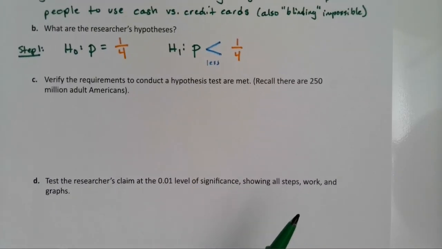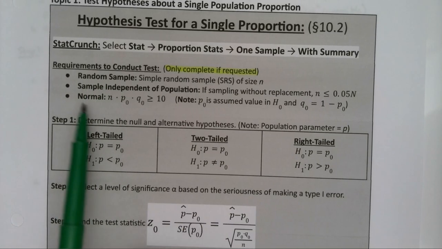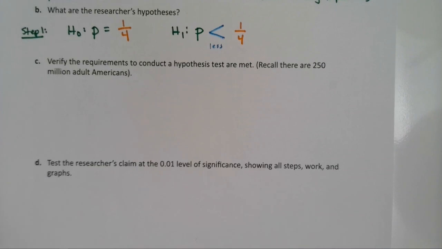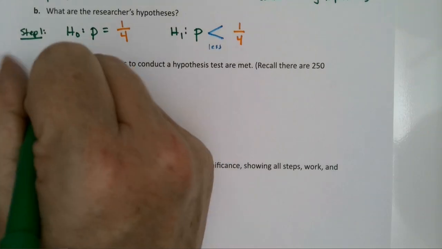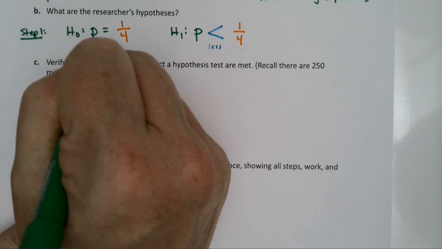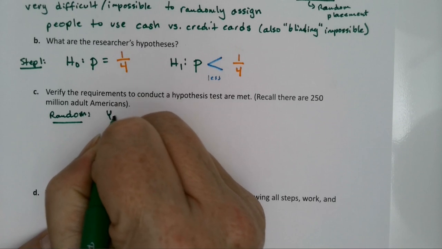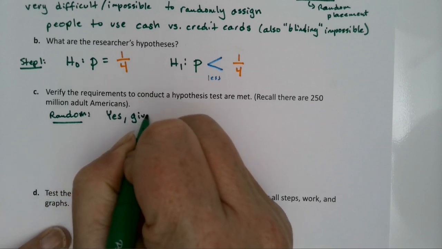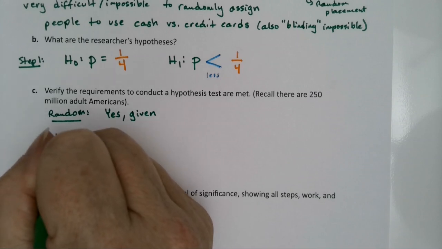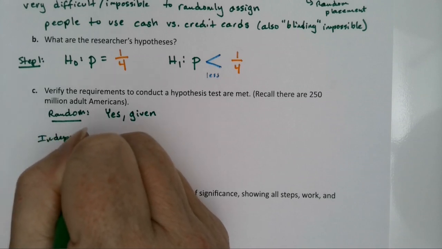It's a little confusing. But what I was going there for was the random, independent, normal piece, right? Those are the requirements. Those are the conditions, I sometimes call them. Okay, so random. Random is given, so that's easy. It will not always be given, particularly in some projects that you guys have to work on, but most of the time it's given.